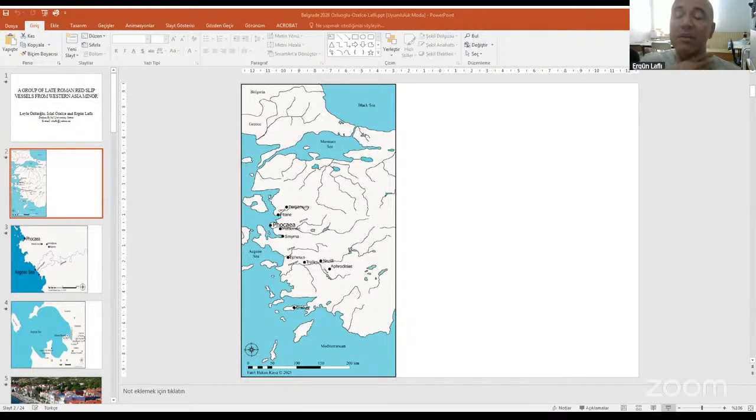Sometimes both, because in Phokaia we have both types of sites, either workshops or dumps or both of them. And as you see, there are several places like this because the production was so huge, so industrialized, that they used almost all the places in Phokaia during the Roman and early Byzantine periods. Let me show you.